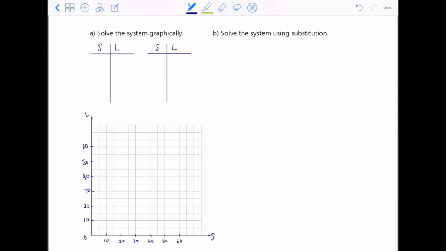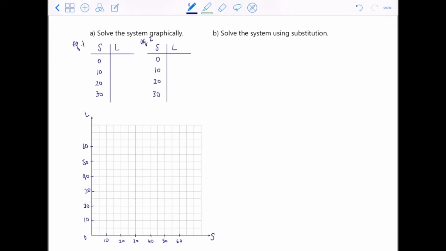Let's pick a couple of numbers, like when S equals 0, 10, 20, and 30. This is equation 1, and this is equation 2.